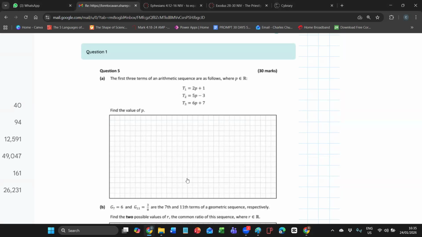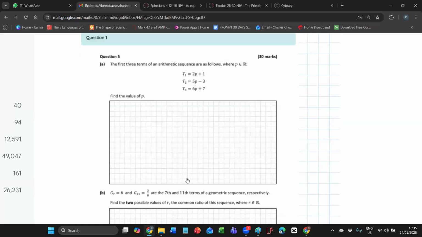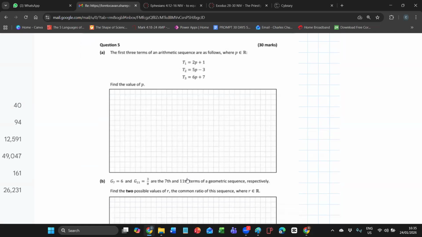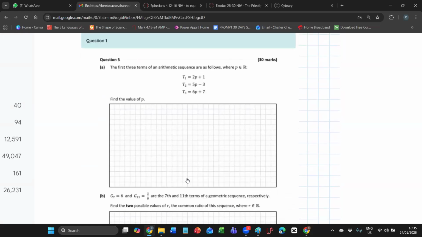T1 equals 2P plus 1. T2 equals 5P minus 3. And T3 equals 6P plus 7. And they said find the value of P.